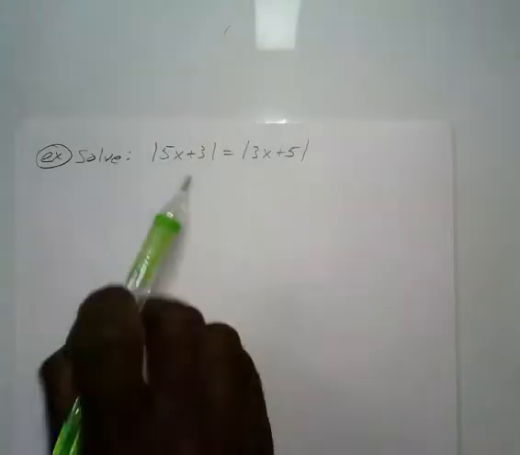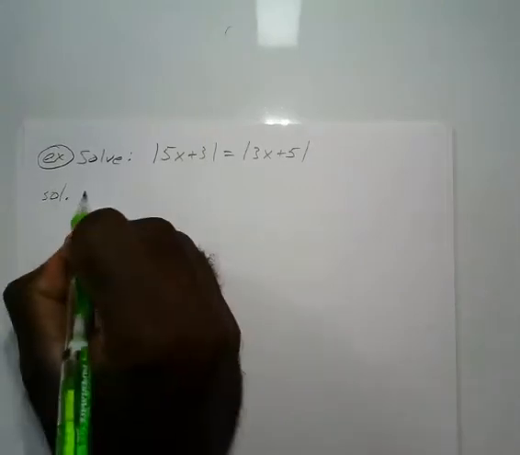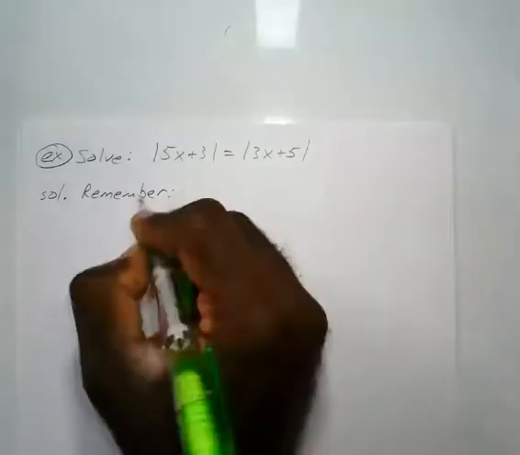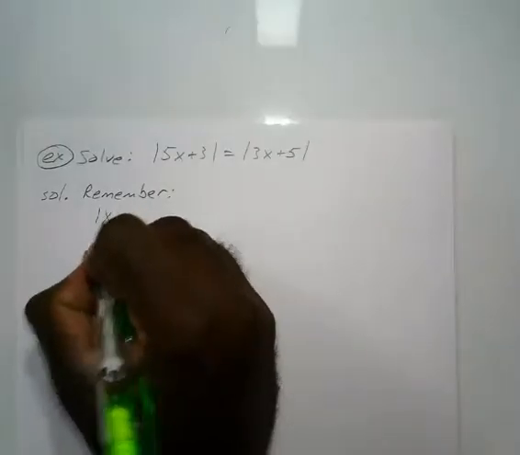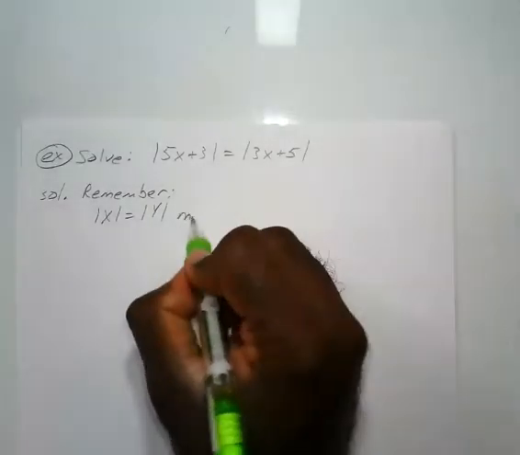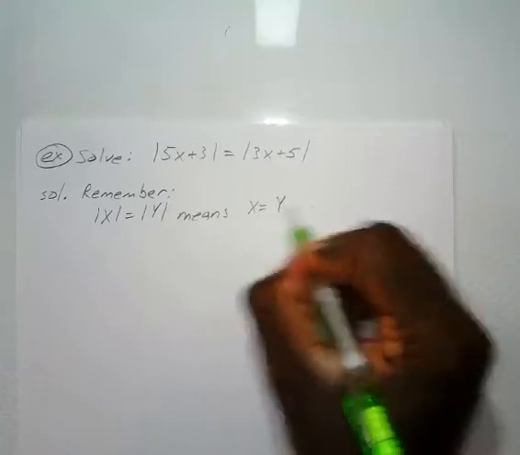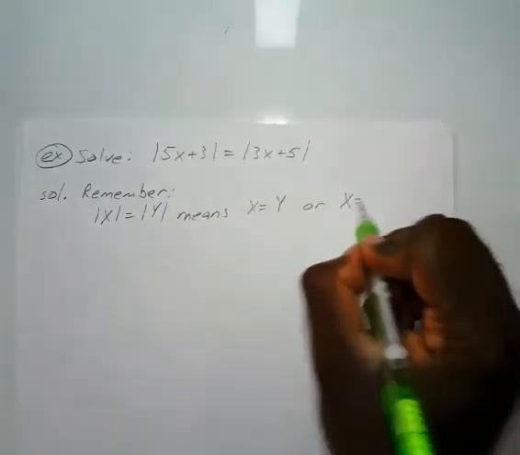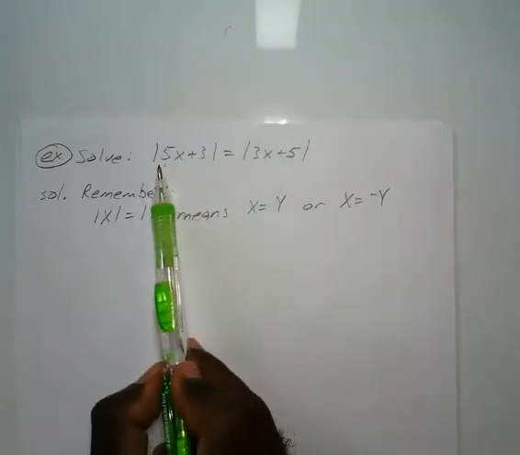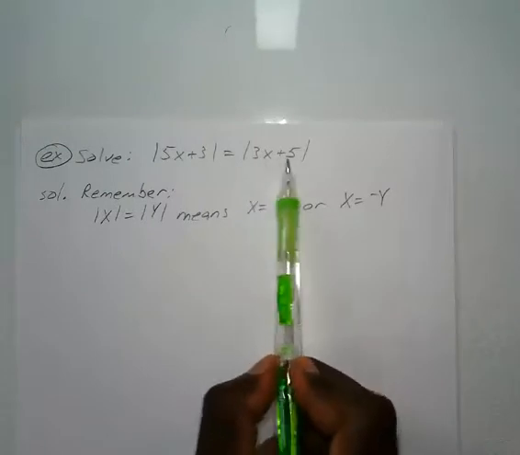When both sides are absolute values, you remember that the absolute value of x equals the absolute value of y means that x can equal y, or x can equal negative y. So we're just going to say that this absolute value term is your x, and this absolute value term represents your y.